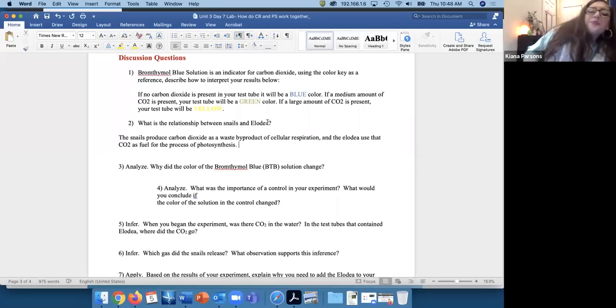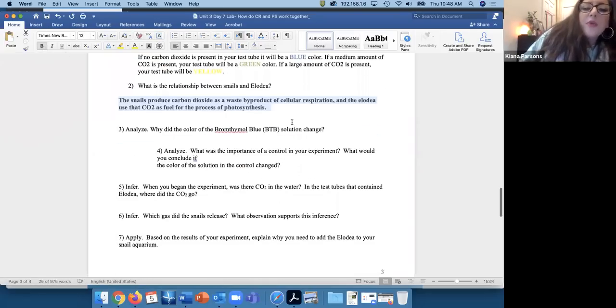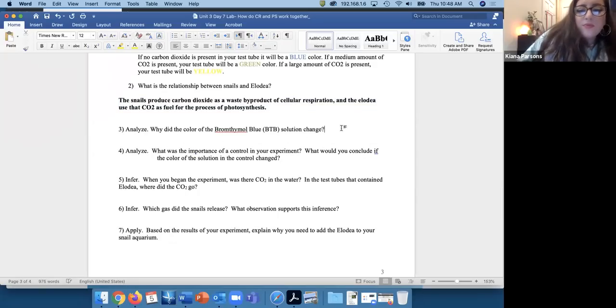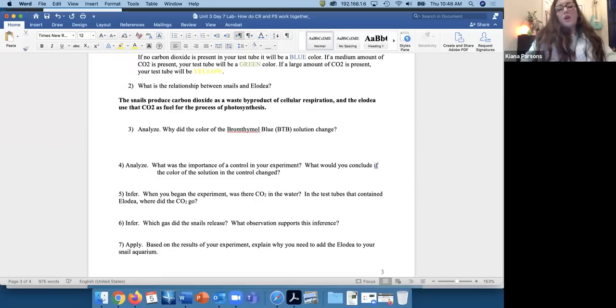So, number 3, analyze. Why did the color of the bromothymol blue solution change? The BTB solution changed in test tube 2 because the elodea used the CO2 to conduct photosynthesis.